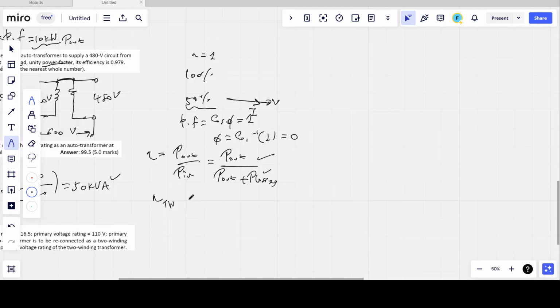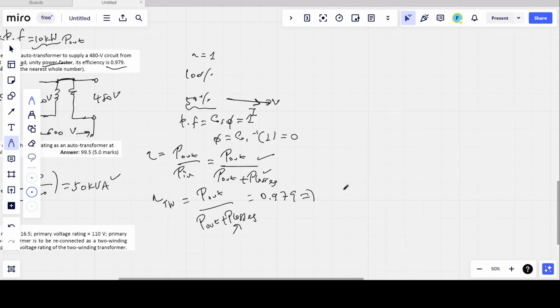The efficiency as a two winding is the power output divided by the power output plus the power losses. And this efficiency was given to us as 0.979. So all I have to do now is make P losses the subject of the formula.